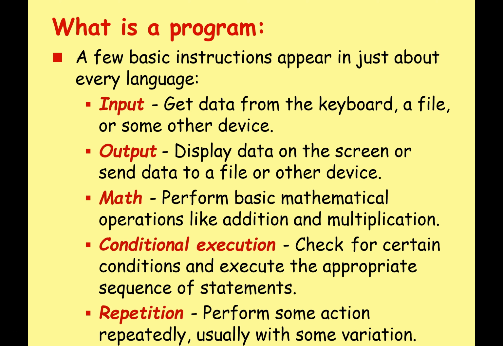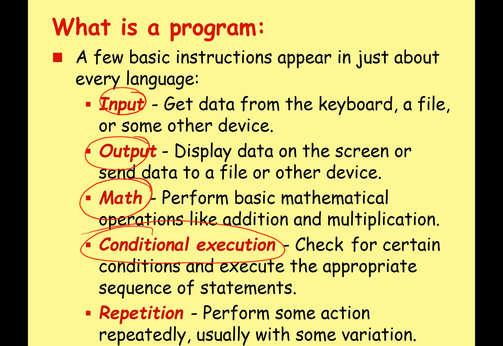To this end, there are some basic instructions that will appear in every programming language. You're always going to have input. There's always going to be some way to get data into your program. You're going to have output. You've got to be able to show the result of these computations. Maths. Computers are great at maths. There's always a way to perform mathematical operations.